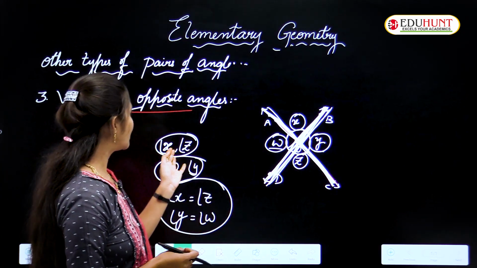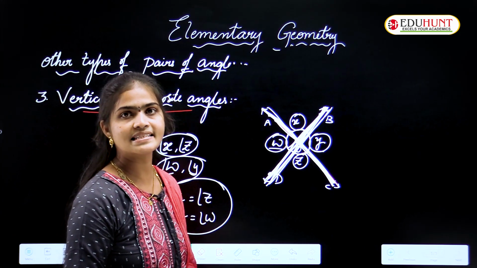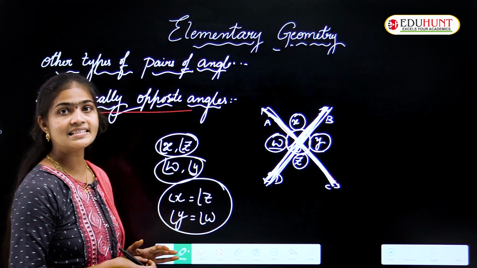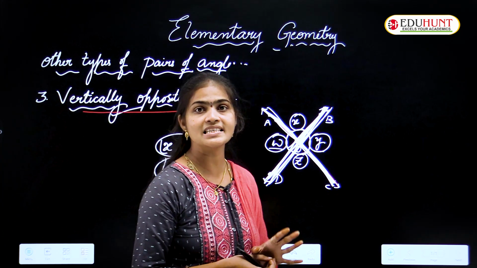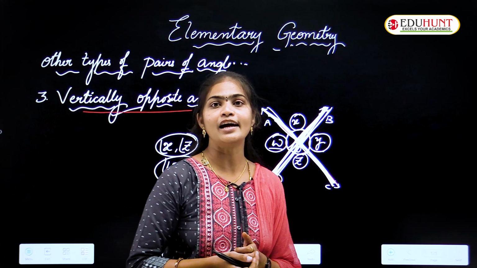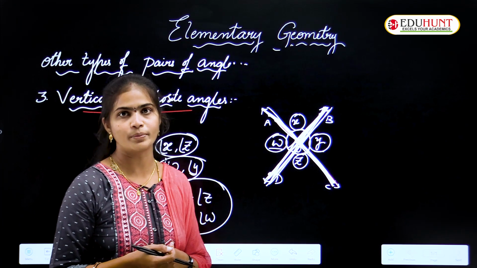Vertically opposite angles are always equal. By taking intersecting lines, at the intersecting point 4 angles are formed, and 2 pairs of vertically opposite angles are formed.